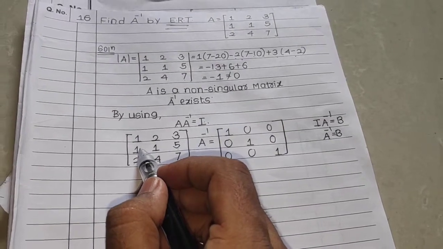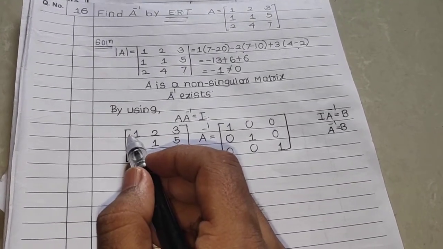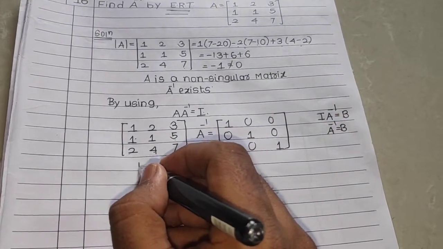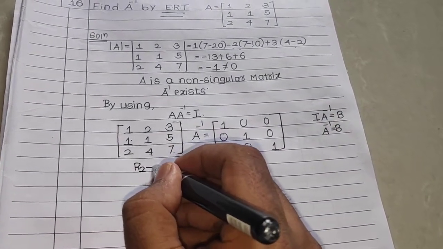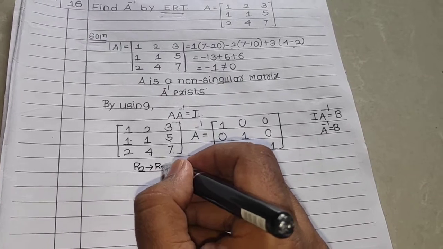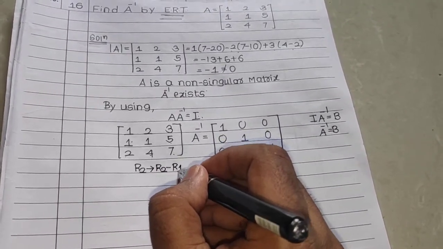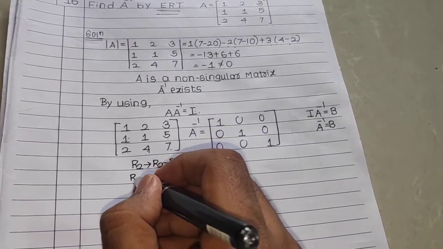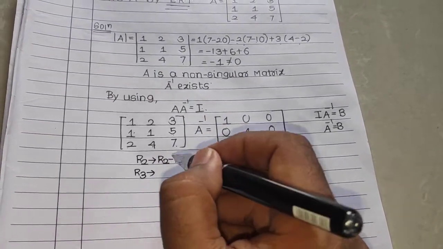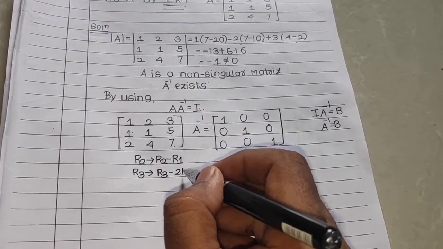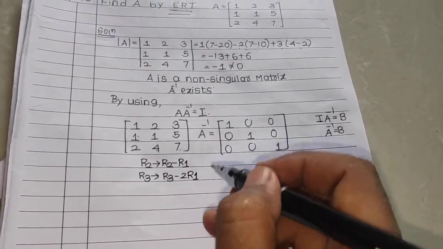So this can be 0. Now this is already 1. If this is already 1, that's an advantage as we have discussed in previous questions. So R2 changes to R2 minus R1, and R3 changes to R3 minus 2 times R1.